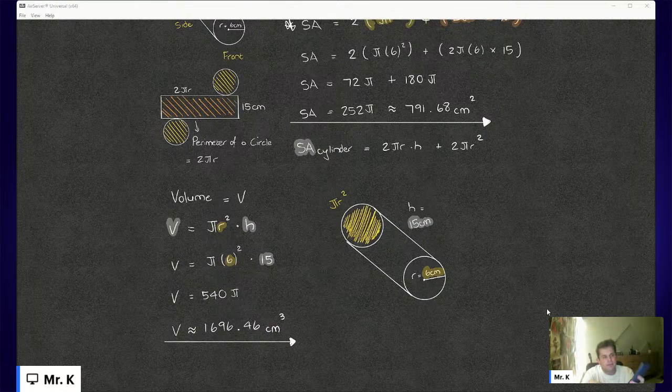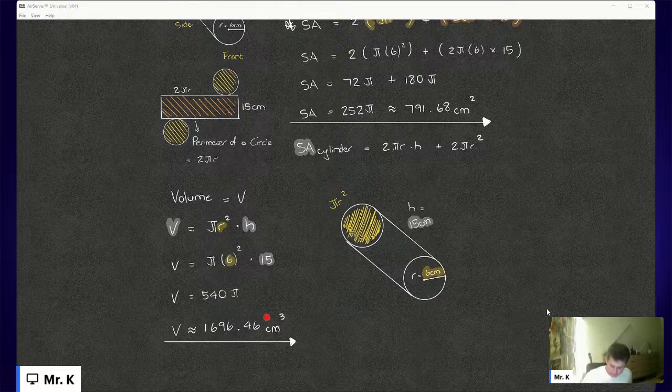On here, if you type in 540 pi and use the S to D button, the surd to decimal, you will see that it comes out as 1696.46, which is the answer that I've written down. So that answer comes straight from my calculator.